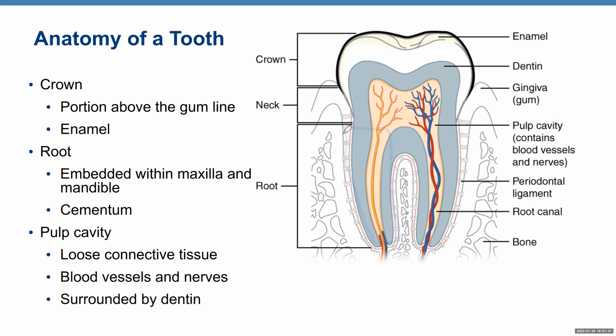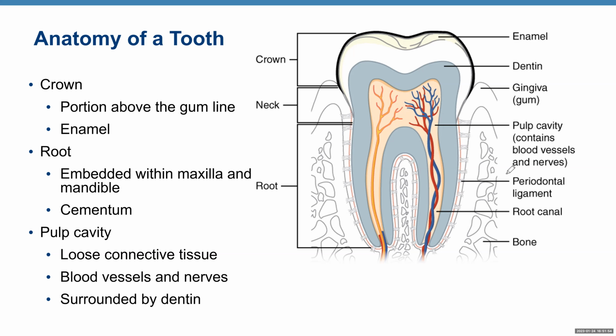And the root, this part over here, is made of dentin. And it's attached to the socket through the periodontal ligament.